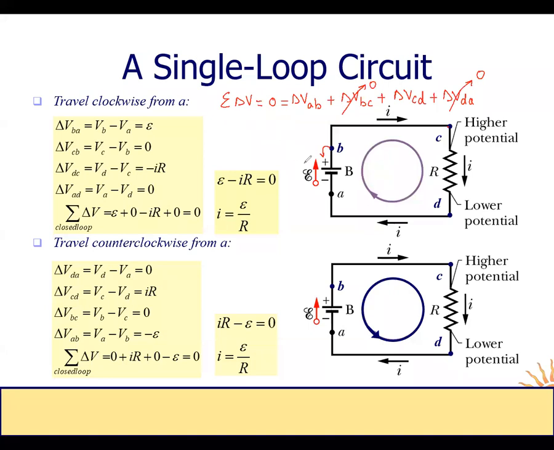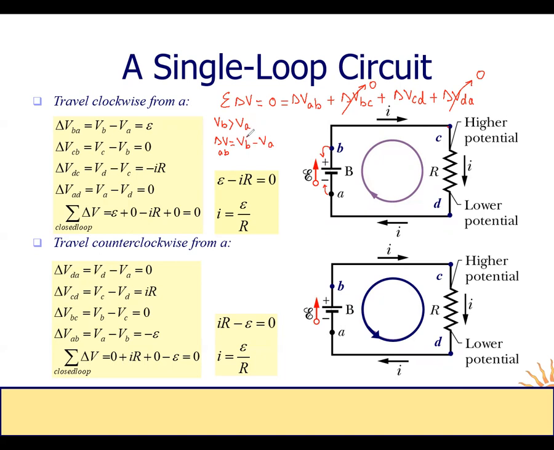So as I said, B is at the positive side, so VB is greater than VA because A is at the negative side. So delta V AB, which is equal to VB minus VA.